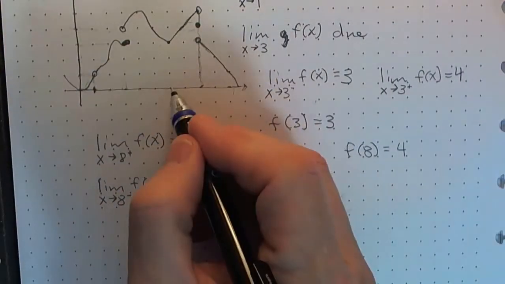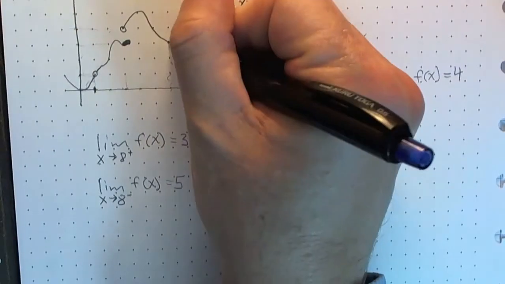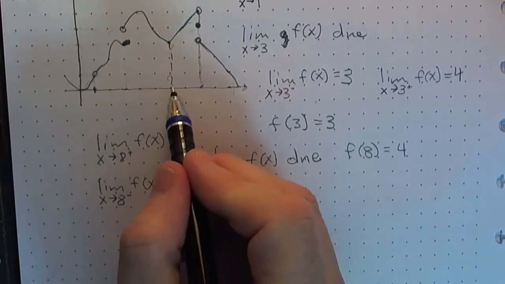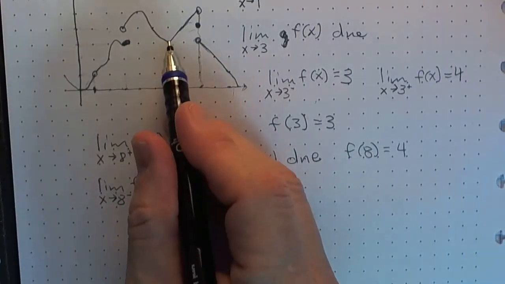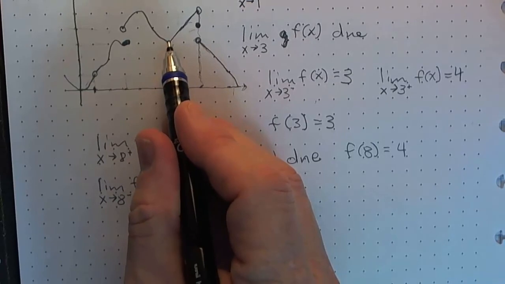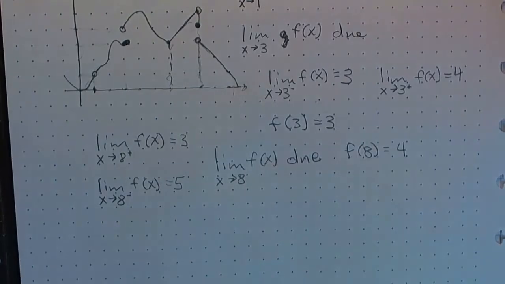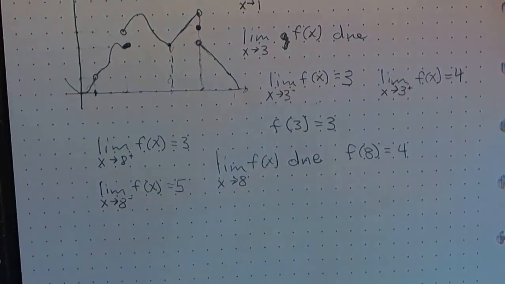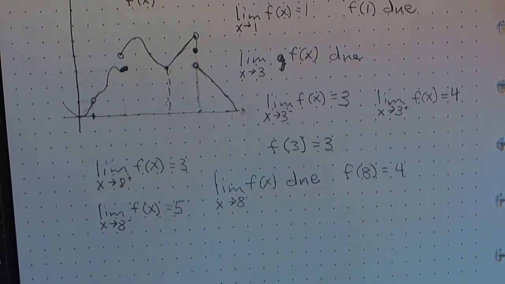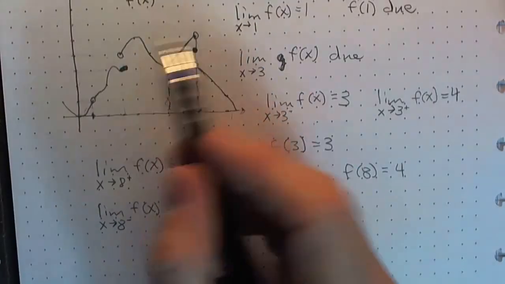Now over here, notice, right here, the function value, the left-hand limit, and the right-hand limit are all going to be the same, and the limit overall. So when you're looking at these graphs and you're wanting to evaluate the limit, you can know right away the limit is not going to exist if you see these jumps.